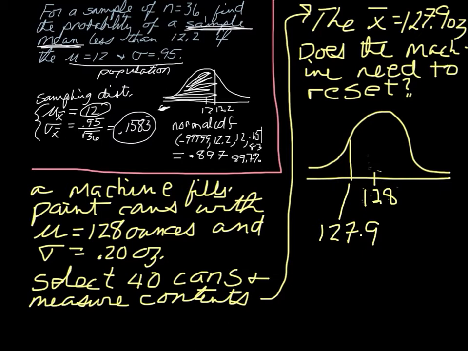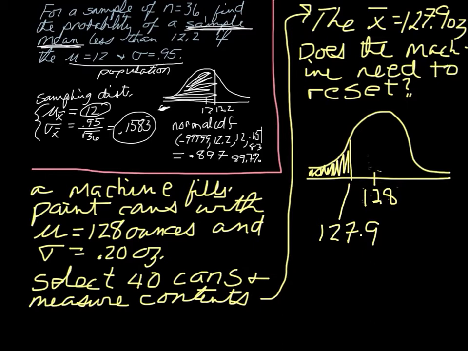So the question is, do I need to reset it? And my guess is we have to ask, well, what's this probability here? Is it really small that I would get 127.9 ounces or less? And if it's really small, like it's rare, then I'm not going to reset the machine. But if this probability is big, that means it's happening more frequently than I would like it to.